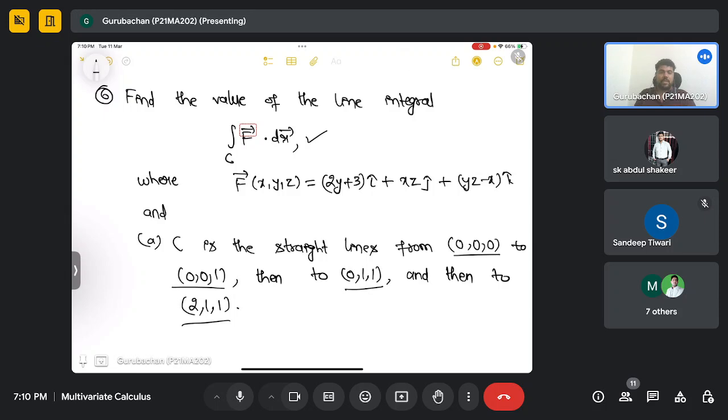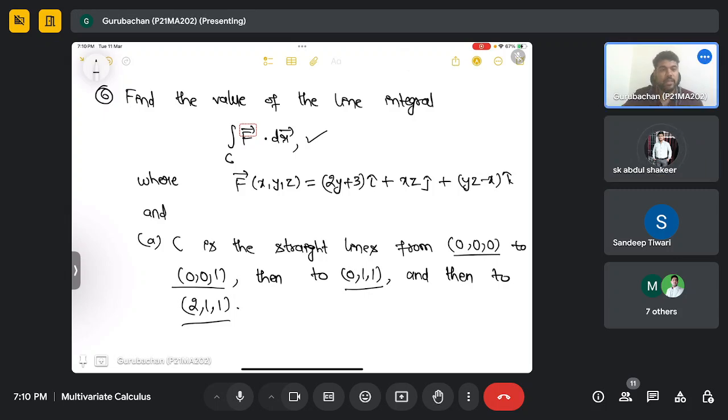Whenever you are given this kind of line integral, the first step is to check whether the given field is conservative or not. And I hope you remember the advantage of the vector field being conservative. Yes, sir. If it is conservative, curl F bar is 0 bar. Exactly.